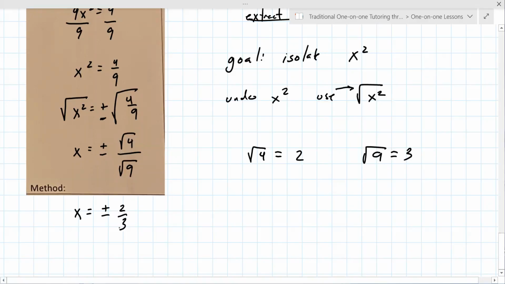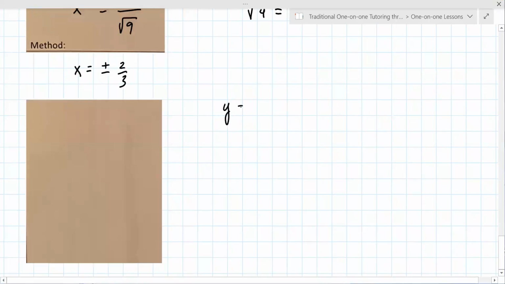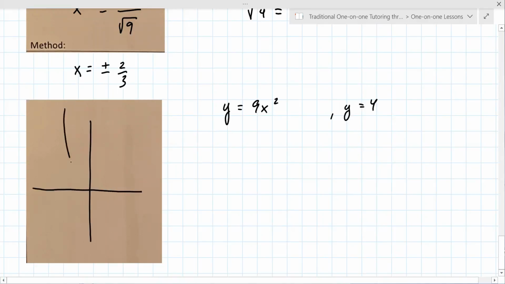Yep. Okay, so now we're going to graph this thing. So the first thing we're going to graph is y equals 9x squared. And the next one is y equals 4. So 9x squared looks like this because it's a quadratic. And then y equals 4 looks like this.